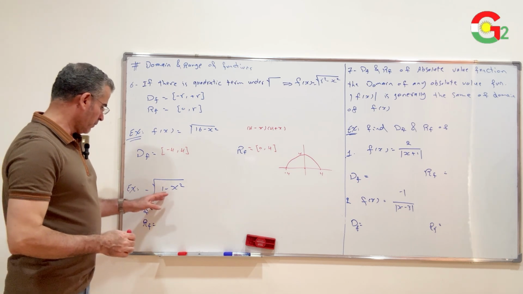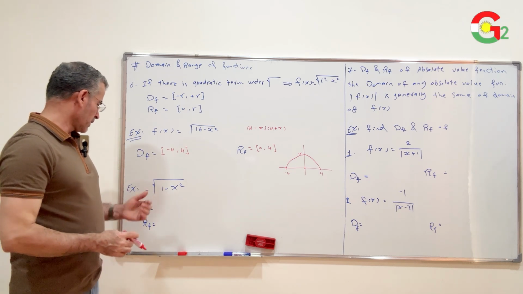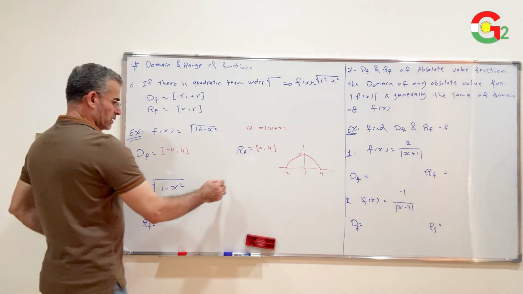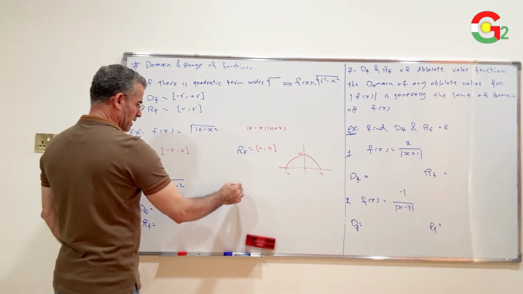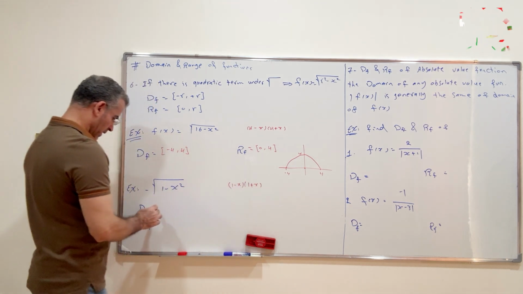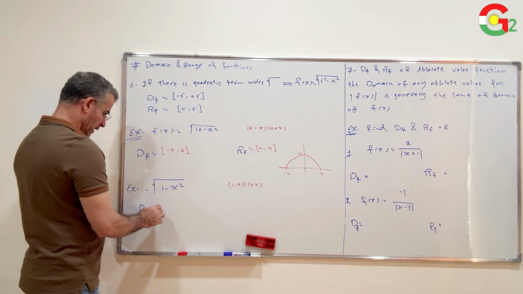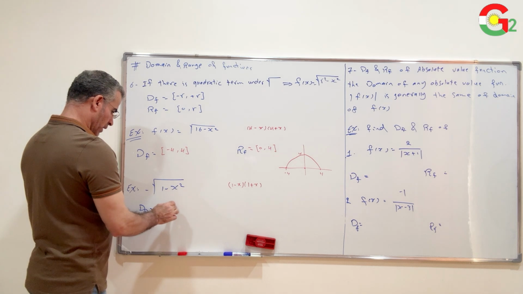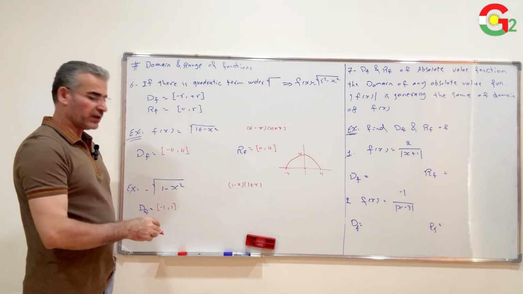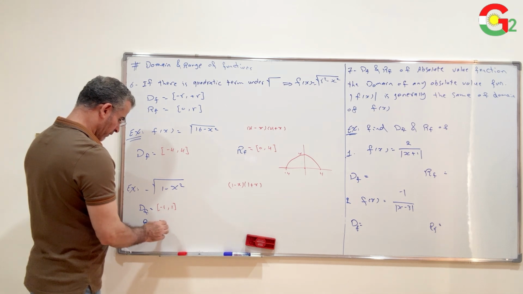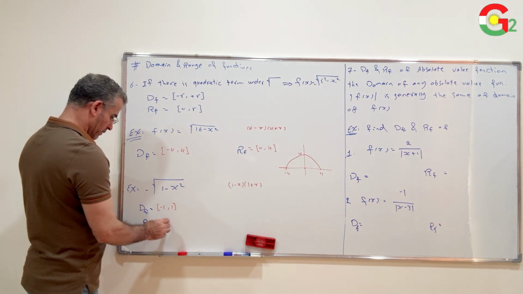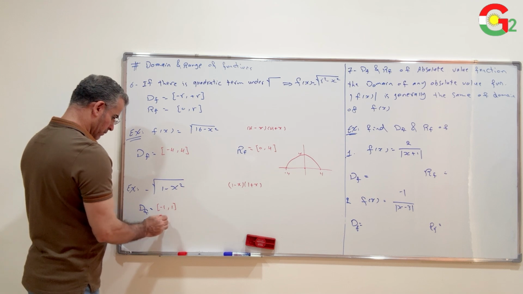Example, find the domain and range of the function negative square root of 1 minus x squared. Also, I can analyze 1 minus x squared as 1 minus x, 1 plus x. Then the domain will be negative 1 to 1, and the range, since the root is preceded by negative, will be negative 1 to 0.